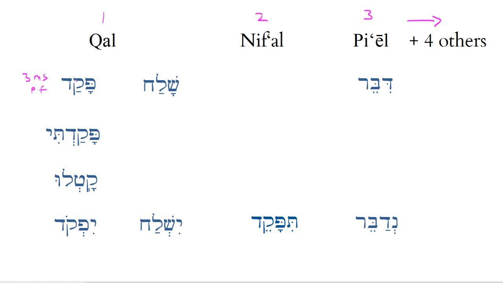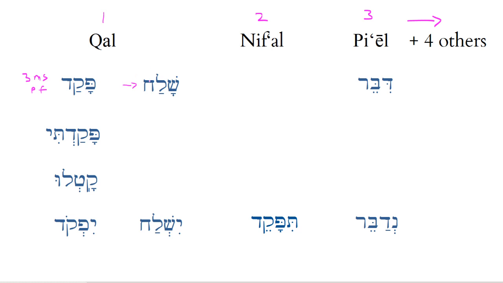So in this case, pakad, there is no prefix. Our R1 letter is not doubled. We have a dagesh lene in R1. This is just a begadkefat letter that comes at the beginning of a word, and so this is dagesh lene. Our R1 vowel is qamets, and there's no R2 doubling. So our box is essentially the fact that we have an R1 vowel of qamets, no R1 doubling, no R2 doubling, no prefix.